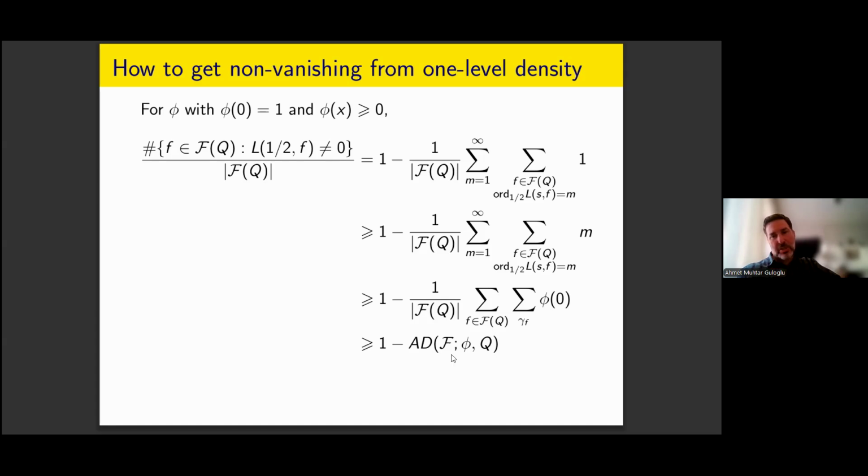You add those points, then you will get this result, which is the density we have. So now, if you take the limit of both sides, you get a lower bound for this quantity. That's how you can use the information about the one level density to get a non-vanishing result. So if this is good, then you will get a nice proportion.